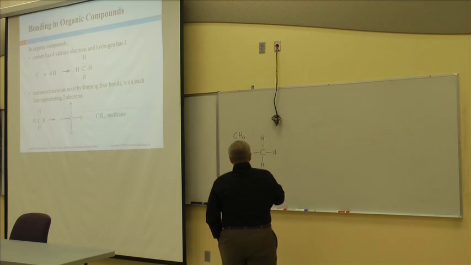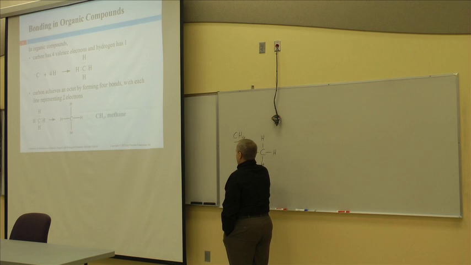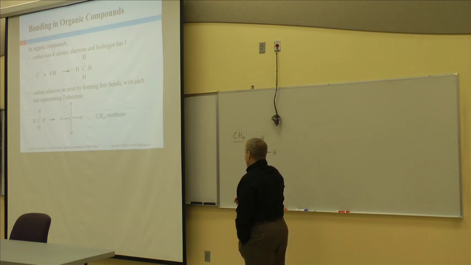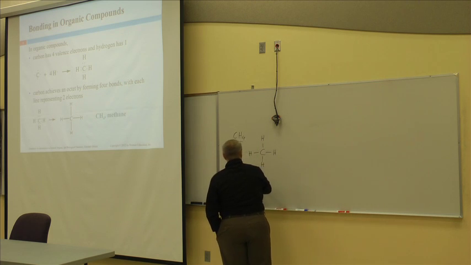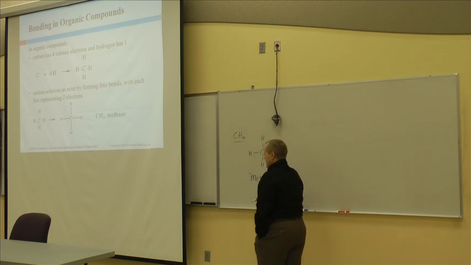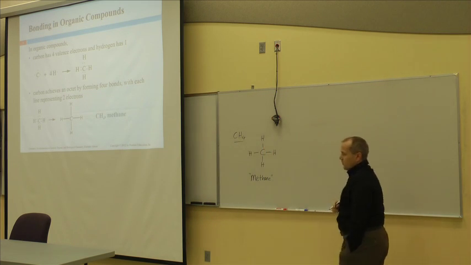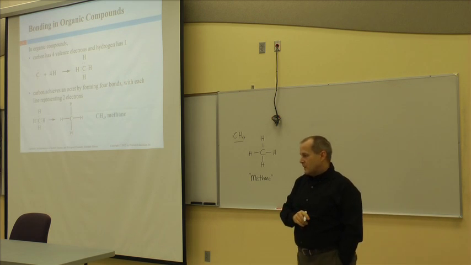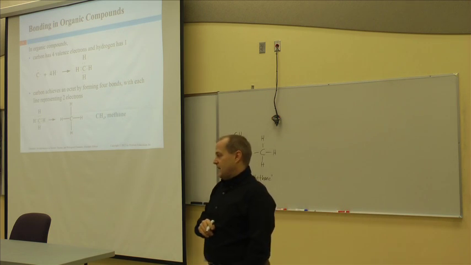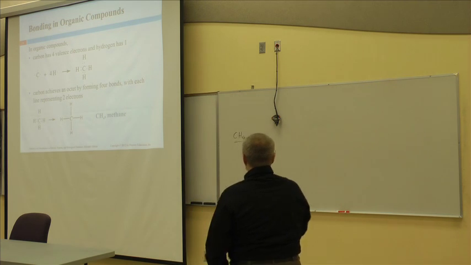Now, if you have an alkane with the formula CH4, that is actually called methane. It's affectionately known as methane, CH4. You have to know that. That's CH4, that's methane.